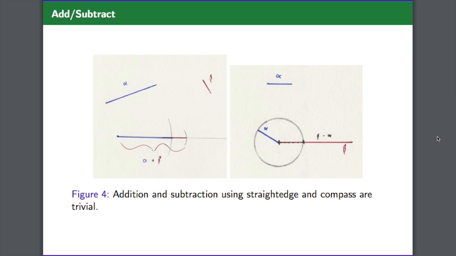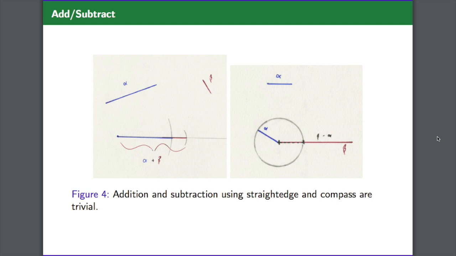So next we have some operations using straight edge and compass, addition and subtraction. And these are really trivial. You can pretty much just use the compass to transfer alpha and beta to be adjoined. And remember, I said we're not allowed to do this, but now we actually are, because we've proven that we can transfer the distances without using the compass. So now we're just going to do it for quality of life reasons.